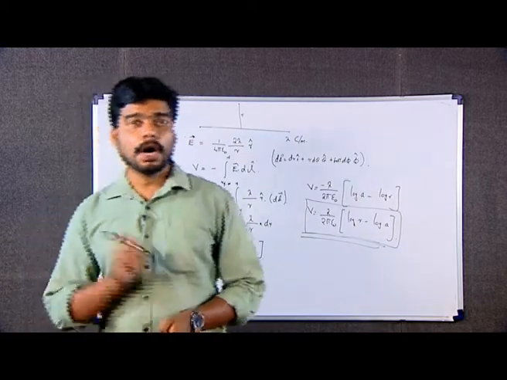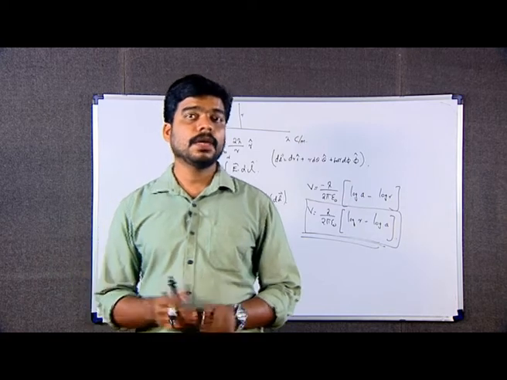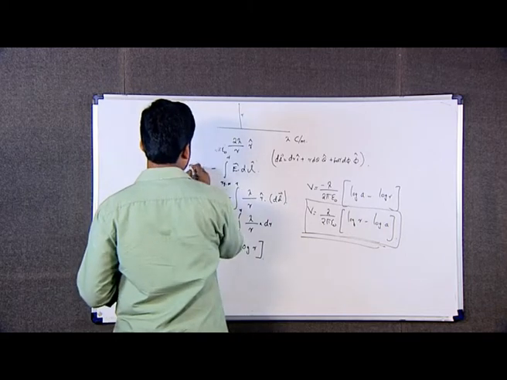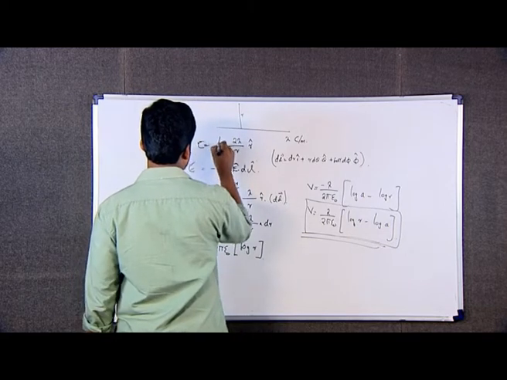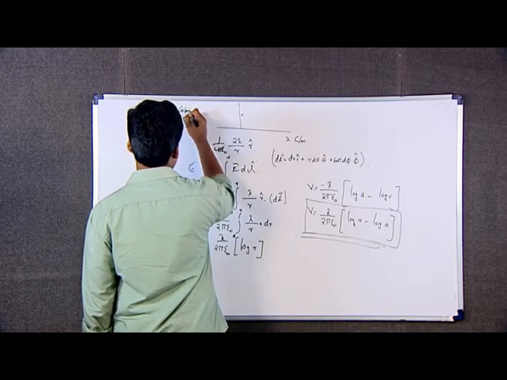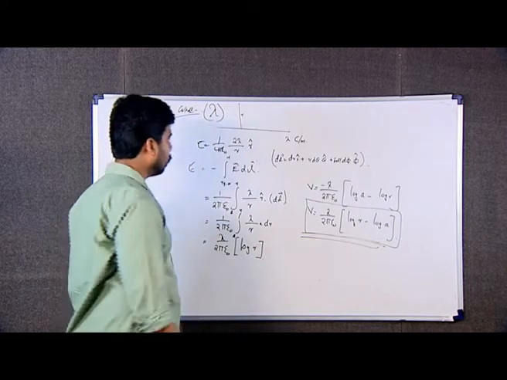We will check how this potential varies with distance. For that we will consider a shell of radius r. So, this is for an infinitely long straight wire of linear charge density lambda.